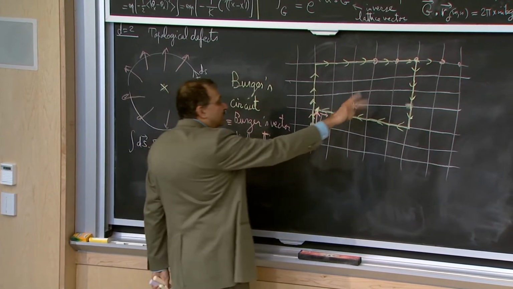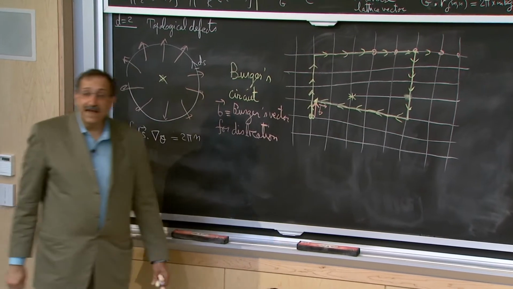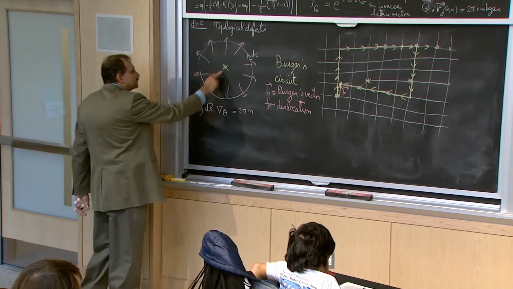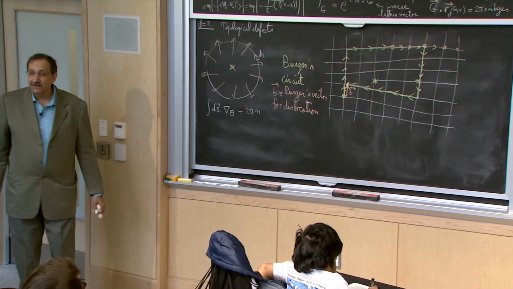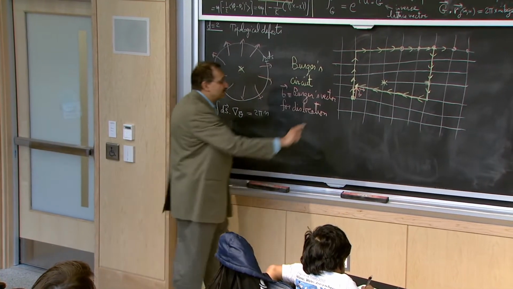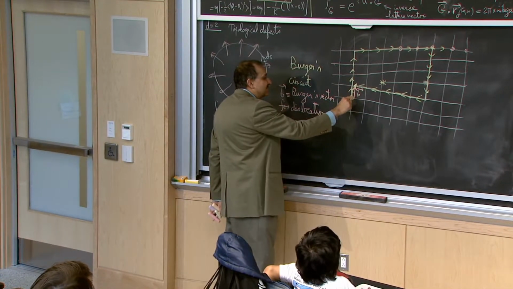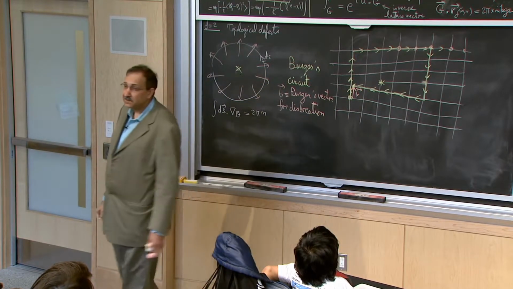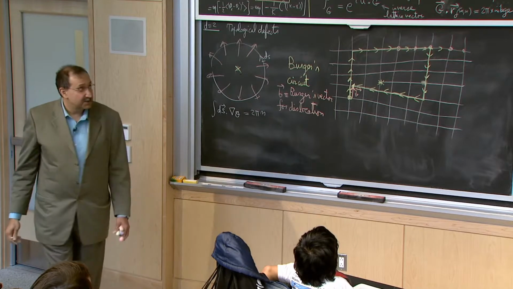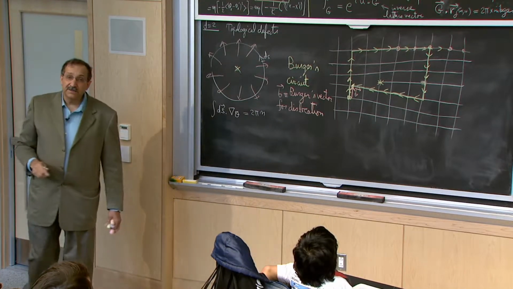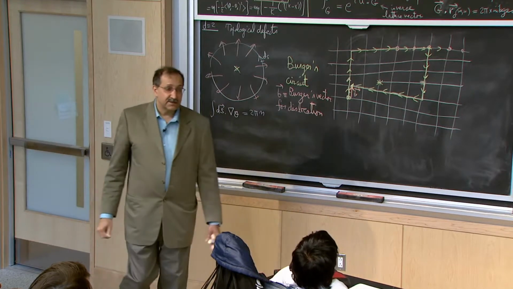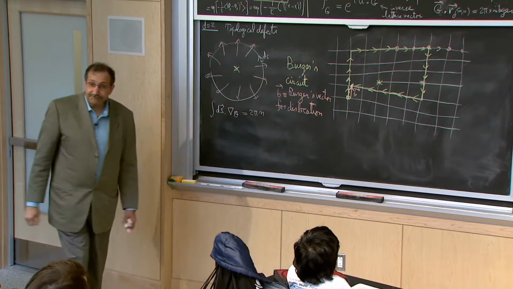The defects here are characterized by a lattice vector. And here the simplest things were, say, plus or minus 1. Clearly here on the square lattice, the simplest things are plus b, minus b along the x direction, plus b, minus b along the y direction. For example, on the triangular lattice, it would be plus or minus at any of the 3 directions that would define the lattice. Okay?